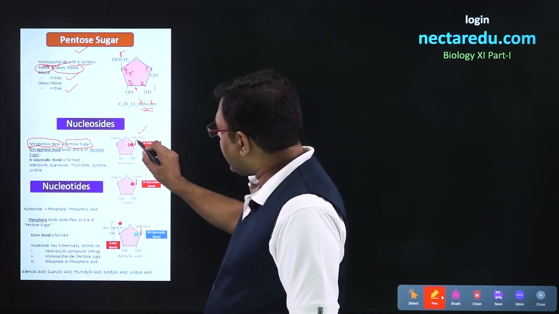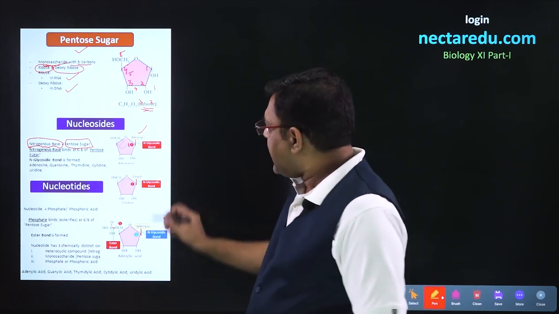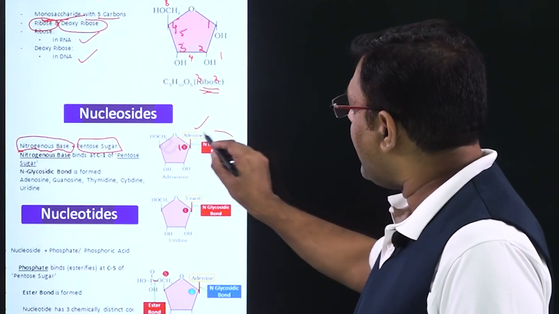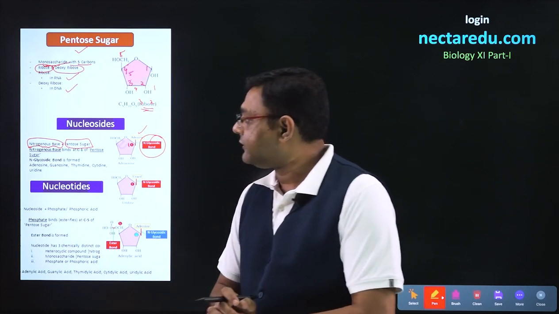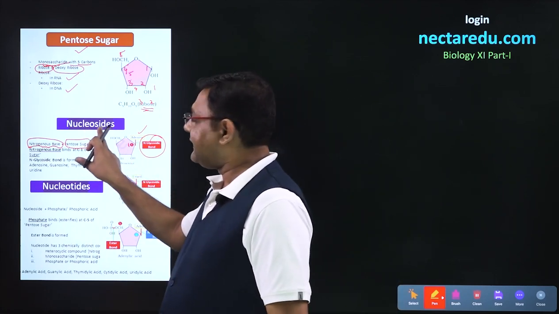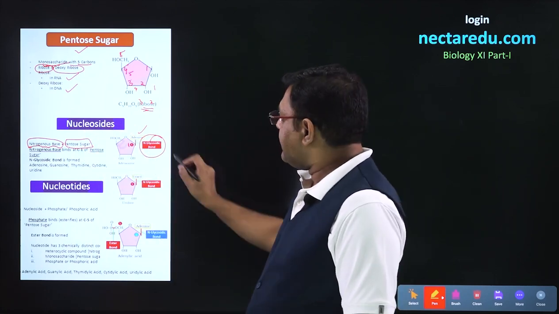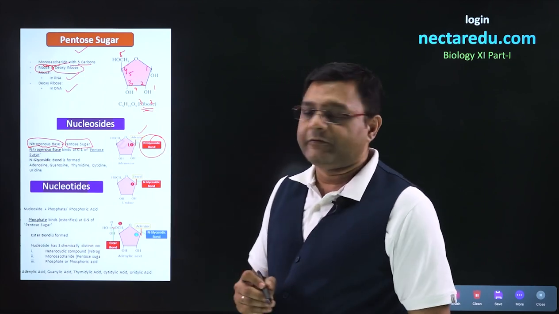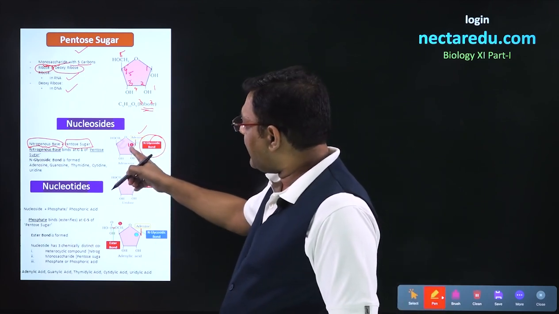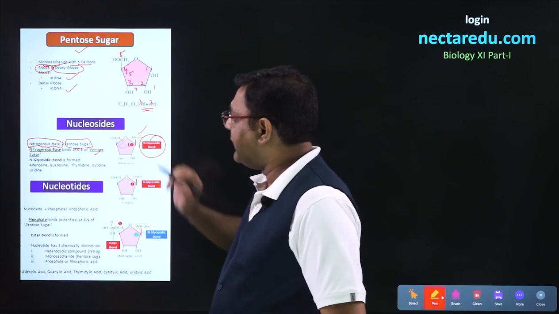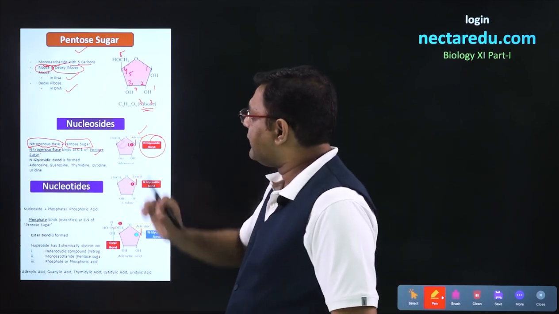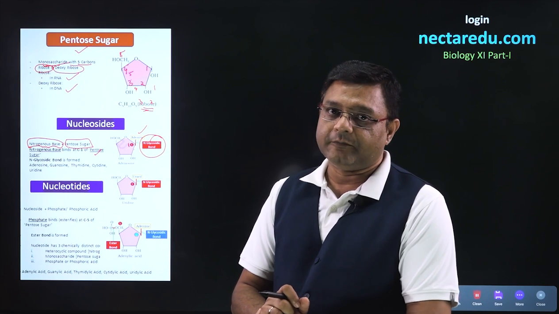Here we have added adenine, and the bond formed will be an N-glycosidic bond. So in nucleosides, the N-glycosidic bond is formed at carbon 1 of the pentose sugar. That is how the structure of nucleosides is formed.